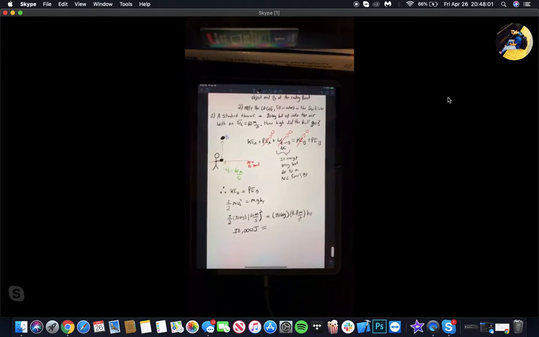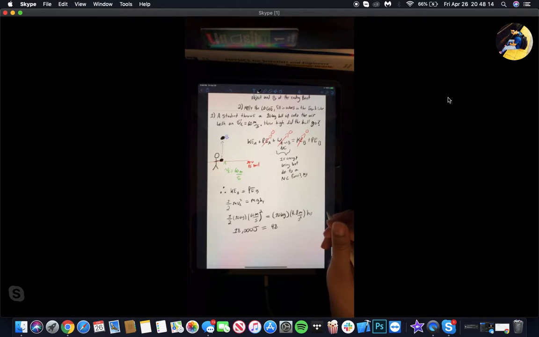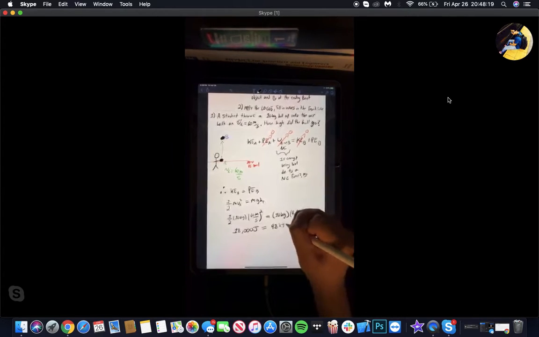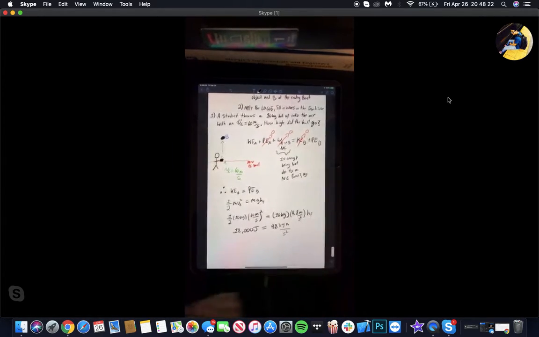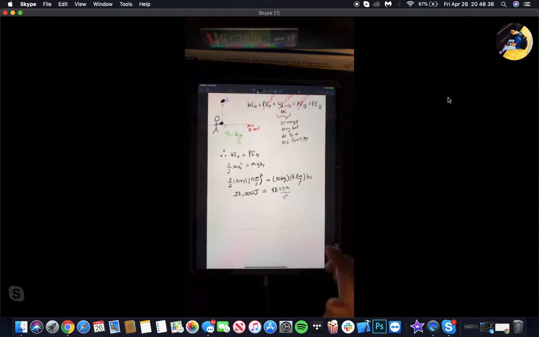And this will be 10 times 9.8, which is 98. Again, kilograms, meters, second squared, in terms of final height.